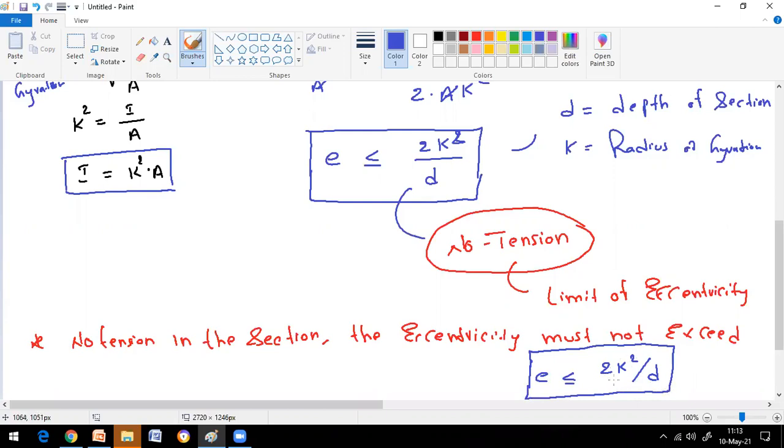Take any section, your eccentrical distance should be less than or equal to 2k square by d.